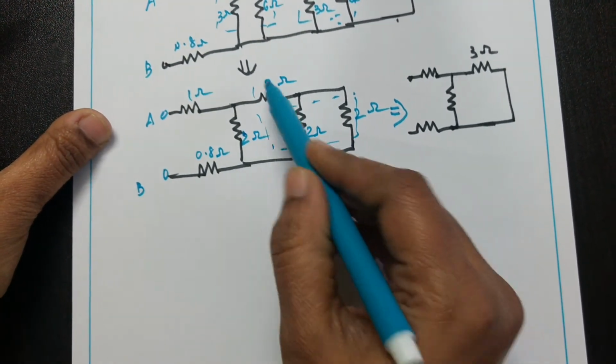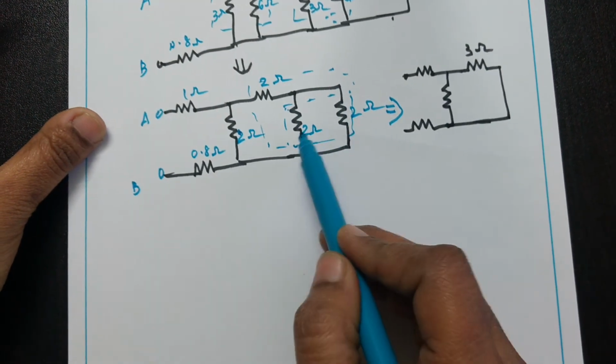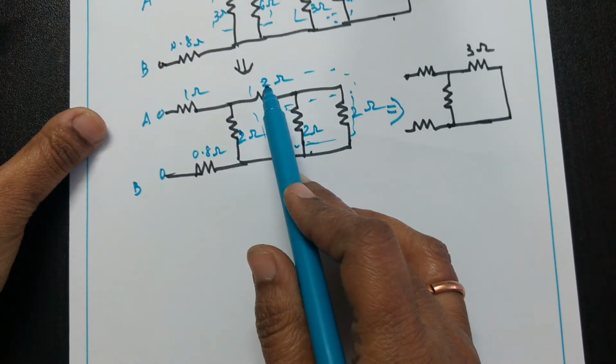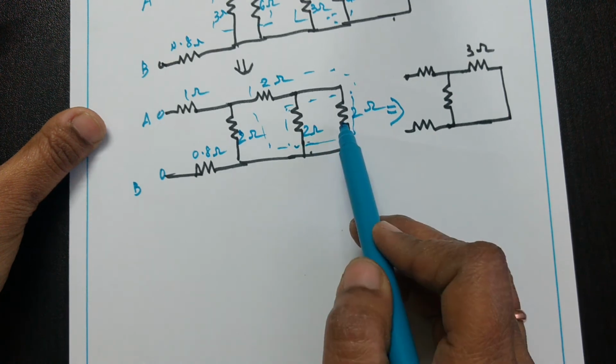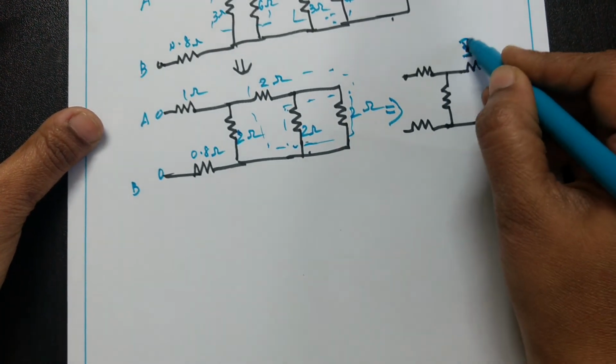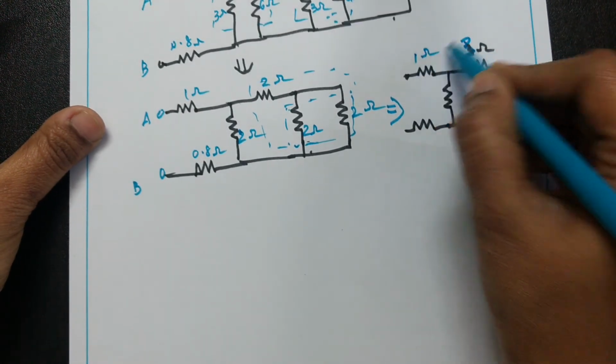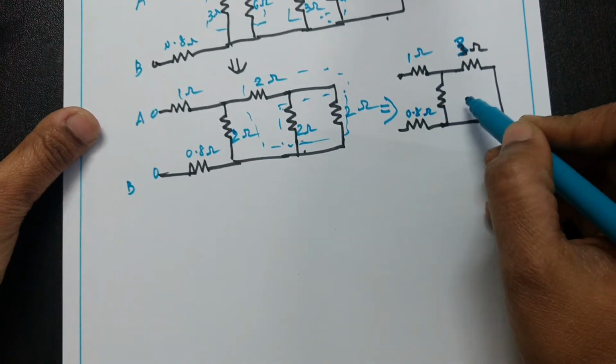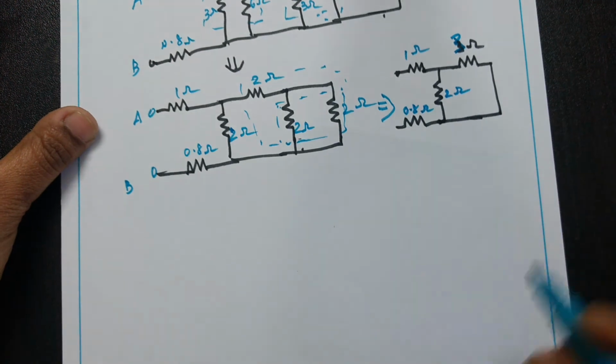Okay, 2 ohms in parallel with 2 ohms plus series. For the parallel condition it will become 1 ohm, 1 plus 2, that is 3 ohms, and this is 1 ohms, 0.8 ohms, and here 2 ohms.